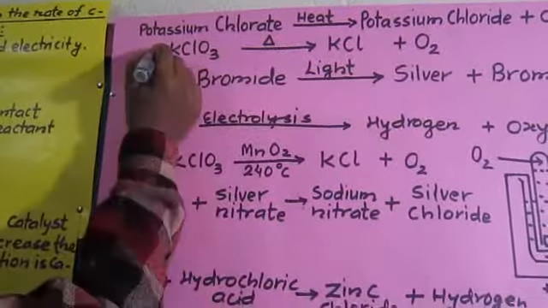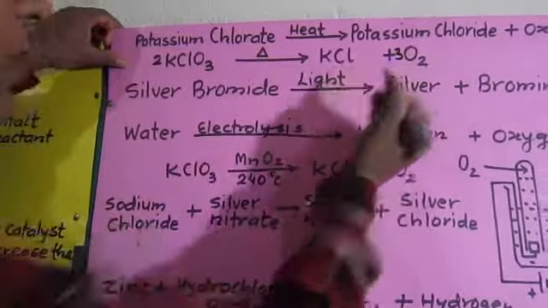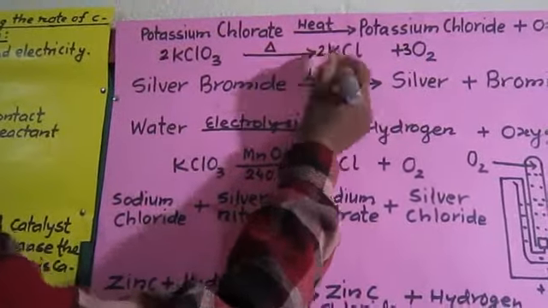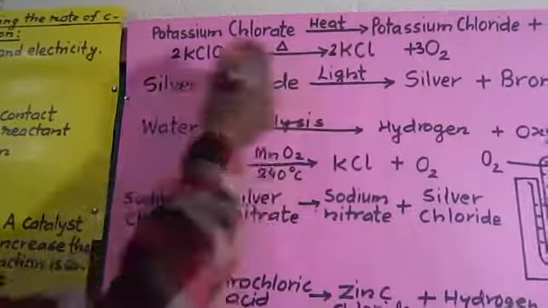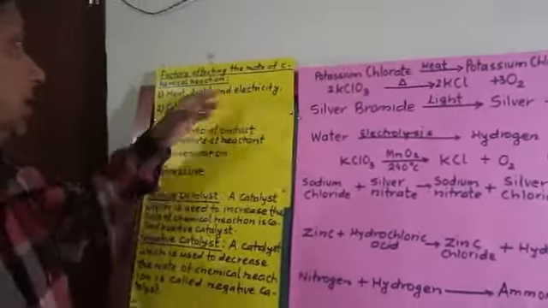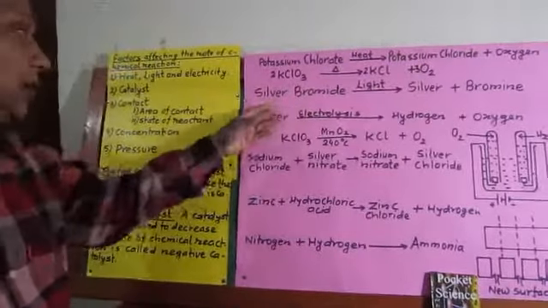This equation can be balanced. Here if we put 2, here it is 3, then 3 times 2 is 6, 3 times 2 is 6, oxygen balanced, chlorine 2, and potassium 2. This is one example of the factor heat which affects the rate of chemical reaction.